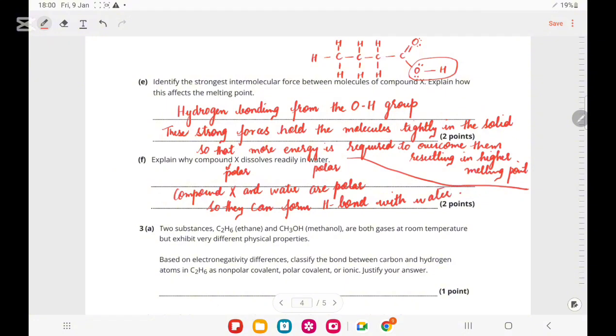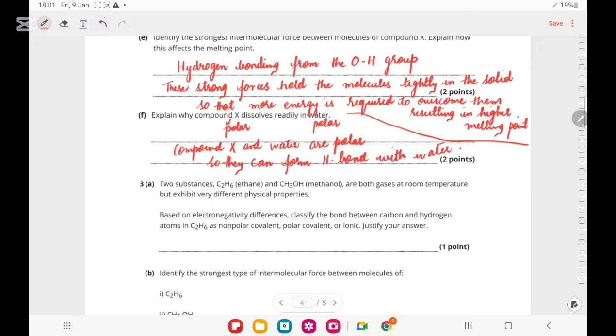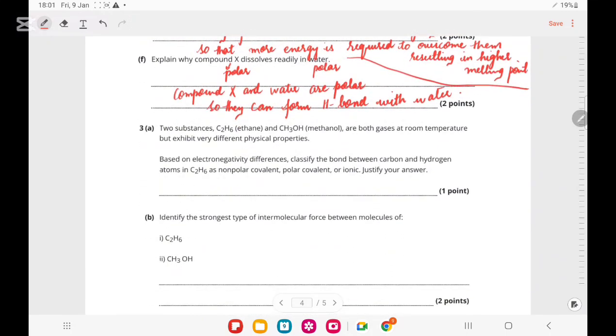In the next question, they are saying two substances, C2H6 and methanol, are both gases at room temperature and have different physical properties. Based on electronegativity difference, classify the bond between carbon and hydrogen.